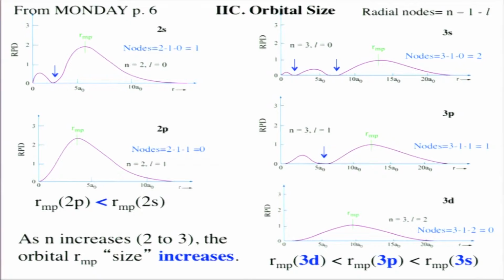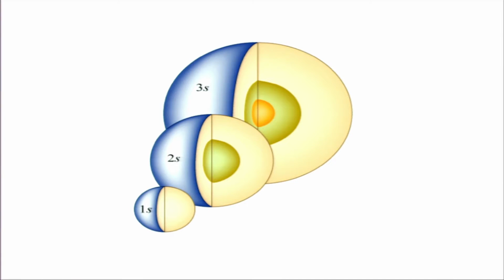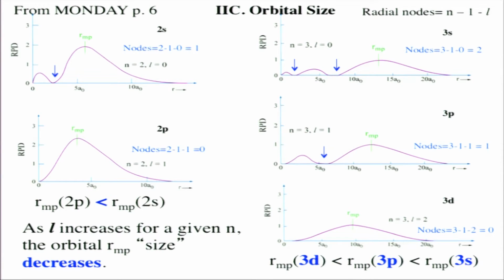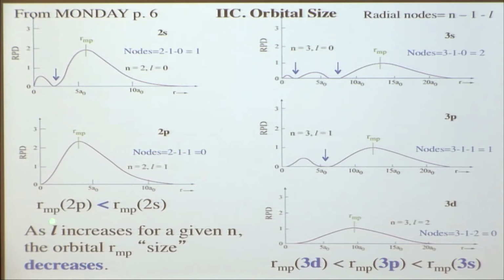And I just want to make sure people have time to get all of this down, but it should be good. I have a little picture that just shows they're very different in size. OK, so we'll go back to this again. And then, as I also said, as L increases for a given n, so from L equals 0 to L equals 1 here, then we have a decrease in the size.